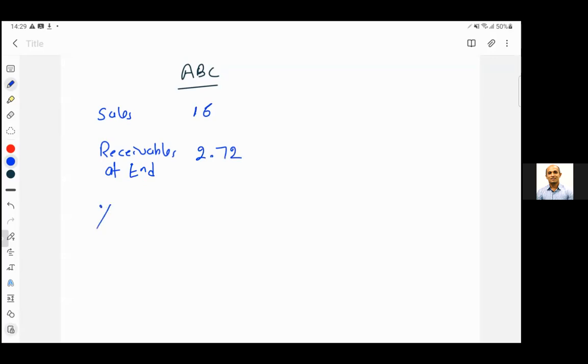Then receivables as a percentage of sales: 2.72 divided by 16 is 17%.